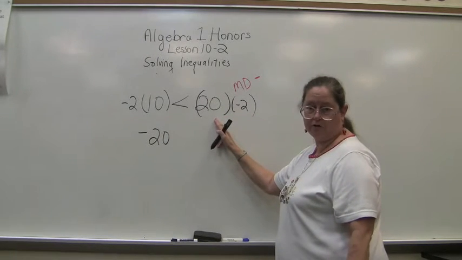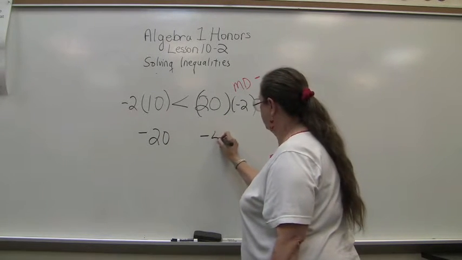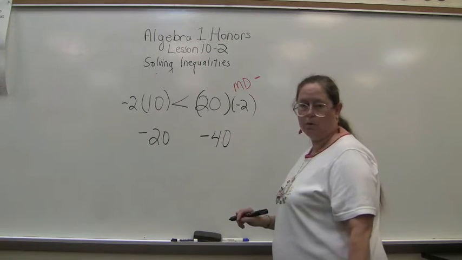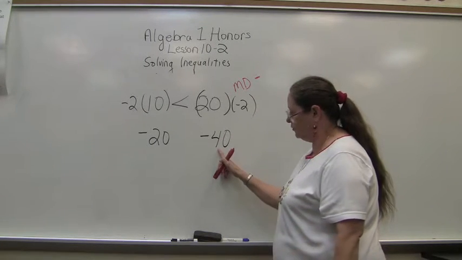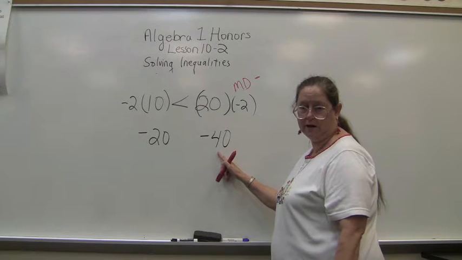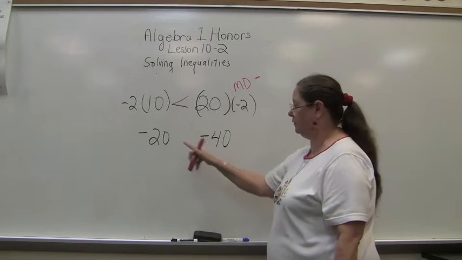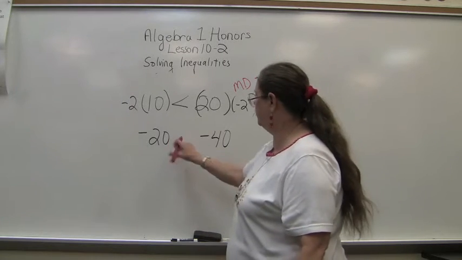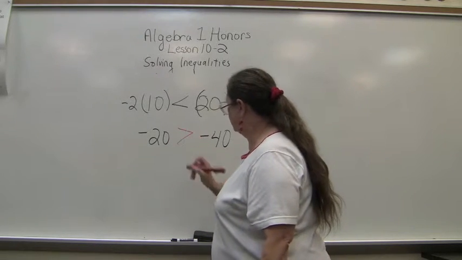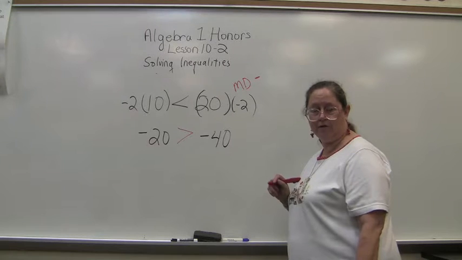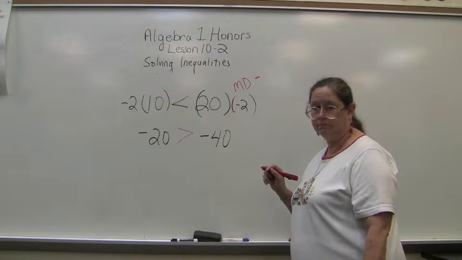Negative 2 times positive 20 is negative 40. Oh, and this is much more in the hole. This is a lot less. Okay, you owe a lot more money if you're negative 40 than if you're only negative 20. So this is the bigger number. Watch what happened to the sign. The sign flipped. Okay?